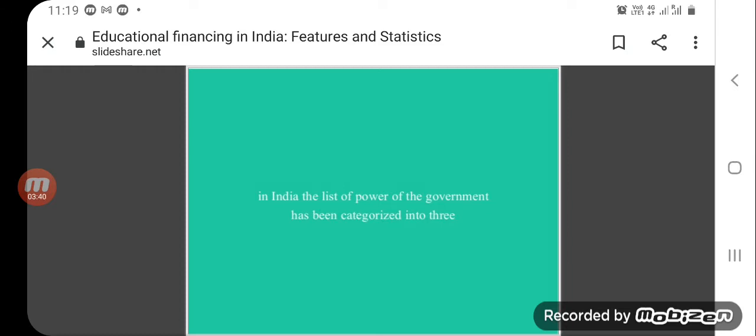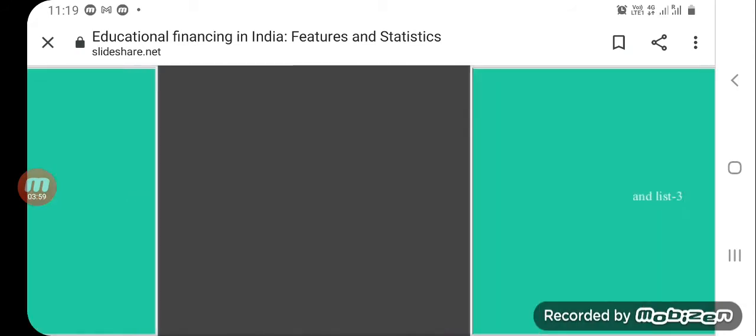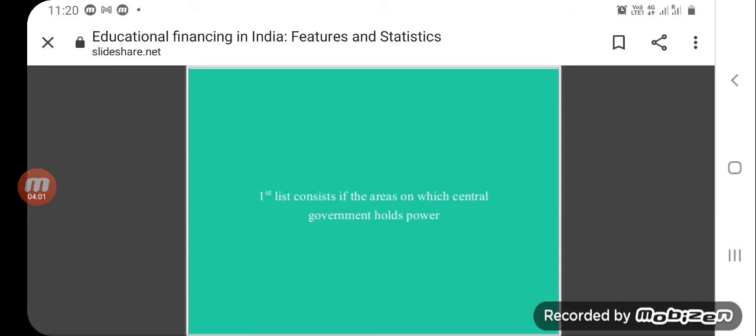So some items may be under the jurisdiction of central government, some other items may be under the jurisdiction of state governments, and some other sections may be under the power of both governments. So there are three lists in India.